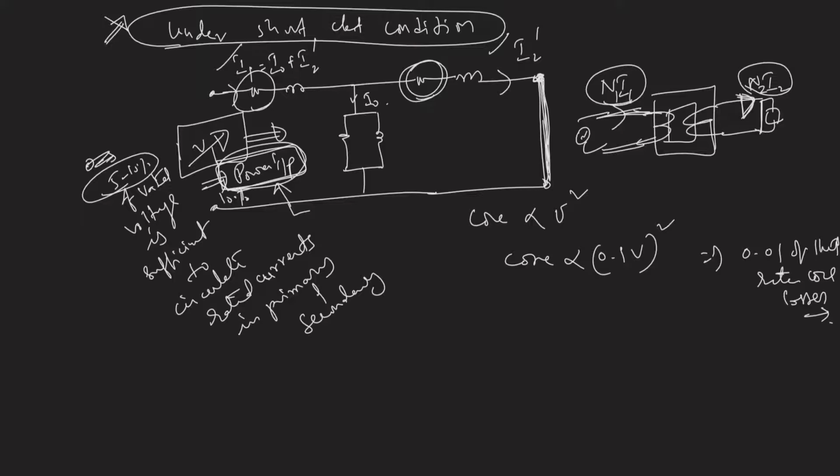And under the other extreme condition, short circuit, the wattmeter reading measures the primary and secondary I square R losses, though there is a very small fraction of core losses, we neglect that.